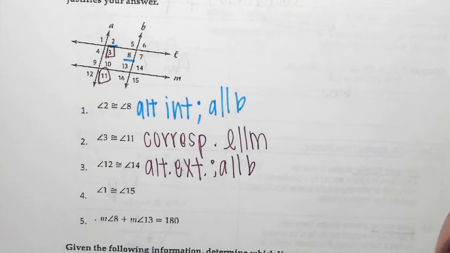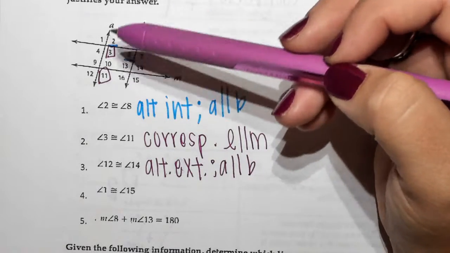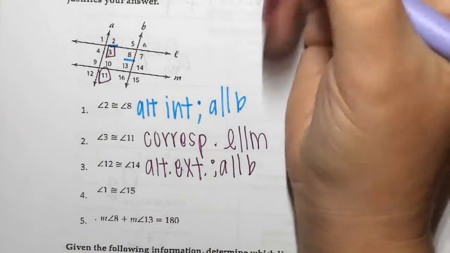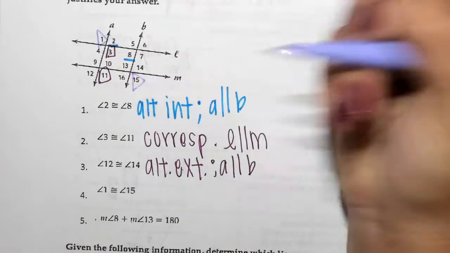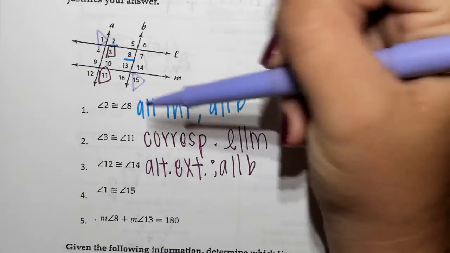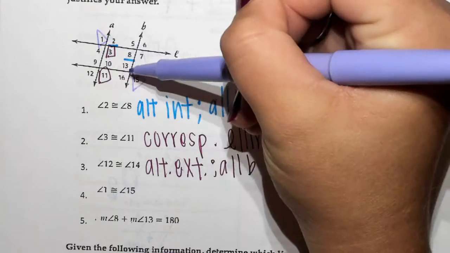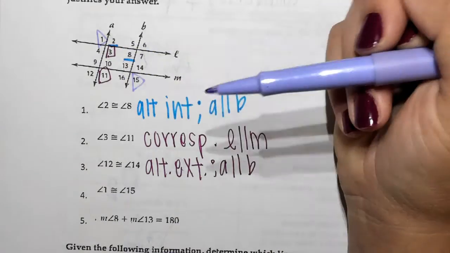Okay, now we might be able to solve this if we were given numbers, but next it's talking about 1 and 15. So without any numbers, I don't know anything that tells me 1 is congruent to 15. Now, we could probably say, well, corresponding, vertical, but I don't know that 9 and 13 are the same.